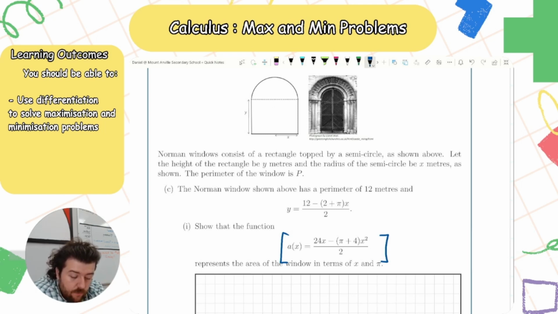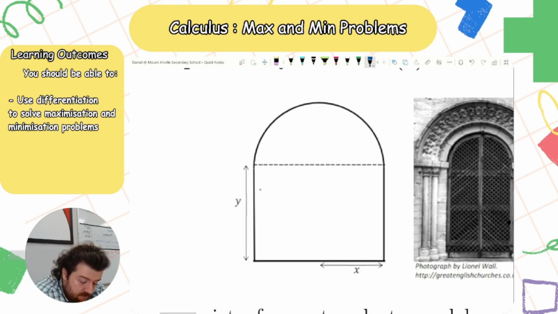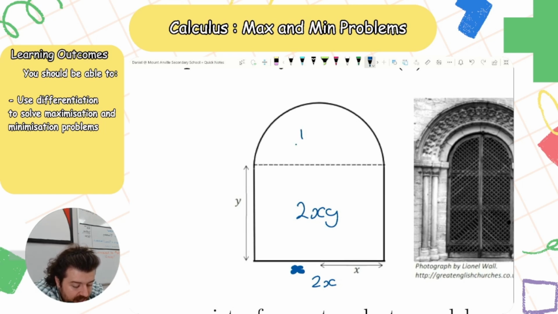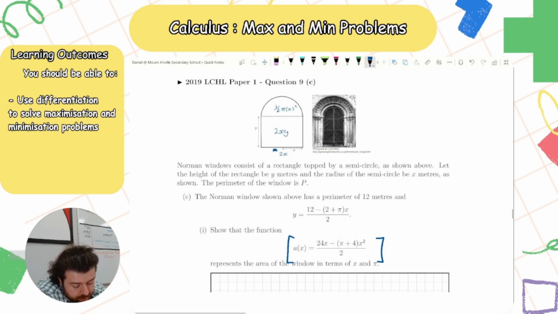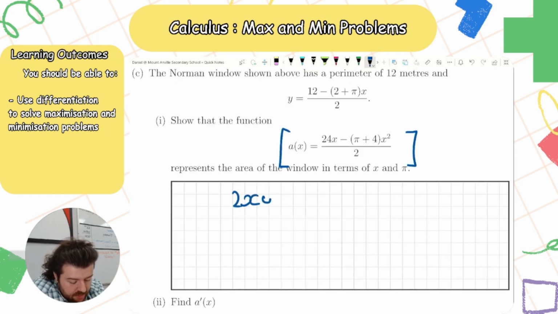Well, we need to find the area here. Well, this rectangular area is just equal to x, not xy, because this is going to be x as well, so that's actually 2x. So the area is going to be 2xy, and then it's a half pi r squared. In this case, r is equal to x. So let's shove it in. It's equal to 2xy plus a half pi x squared.